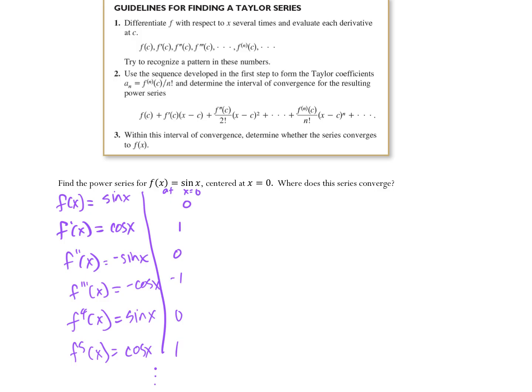To find my Taylor series, I'm going to start with my polynomial, which I'm going to call P sub n, because we're going to keep going until we figure out a pattern here. In this case, f of c is 0, because sine of 0 is 0, plus, and then we do the value of the derivative over the term factorial.